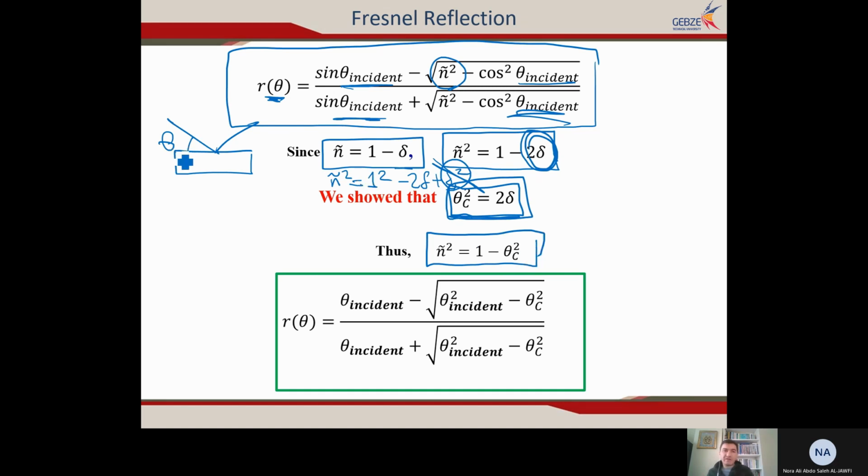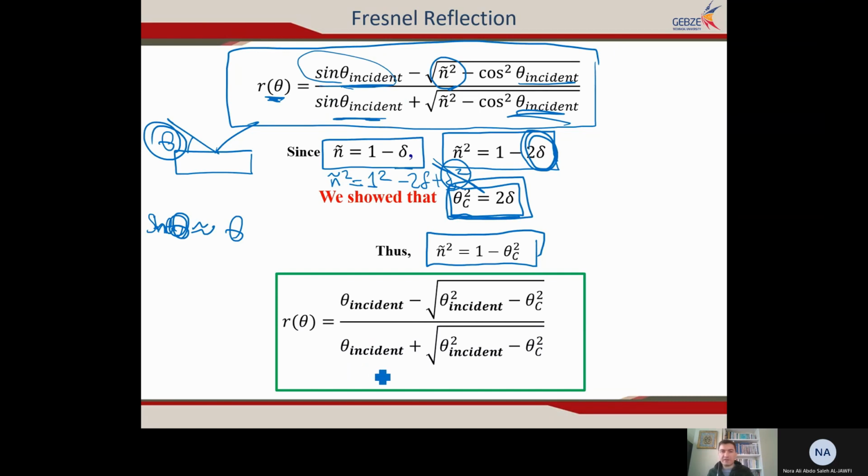So the incident angle is very small. If theta is very small, then sinus theta for very small angles can be written as theta. For very small theta angles, sinus theta is equal to theta. So instead of sinus theta here, I can use theta incident.